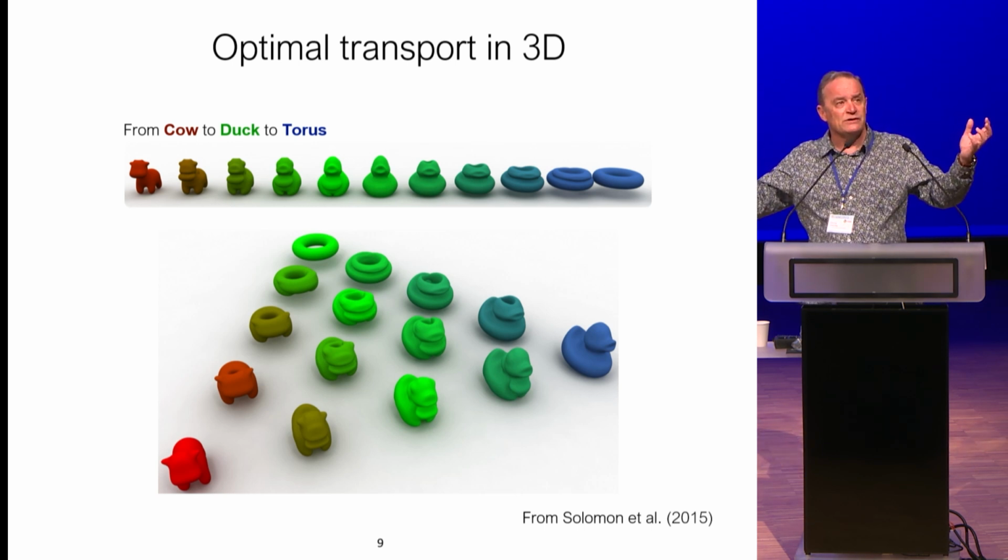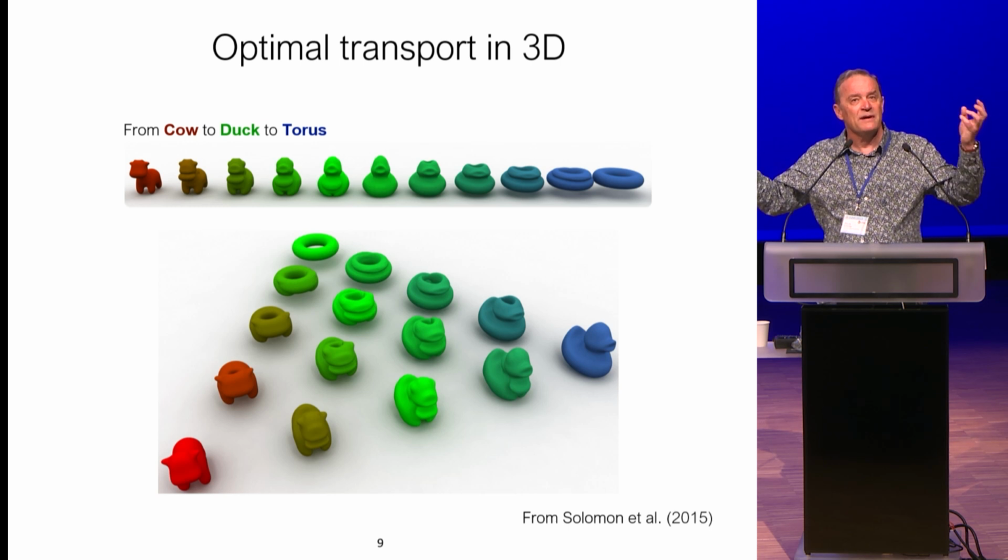Two arbitrary objects, we can describe in a reasonable geometric way what the distance is between them. Cow, duck, and torus. I could put 3 geological models in there. I could put 3 landscapes or 3 objects of almost any kind into this and work out what the distance is between them, because it's the work done in transforming one thing to another.